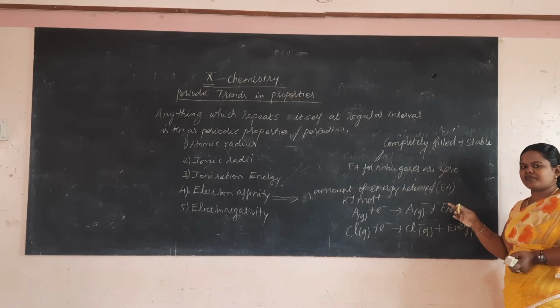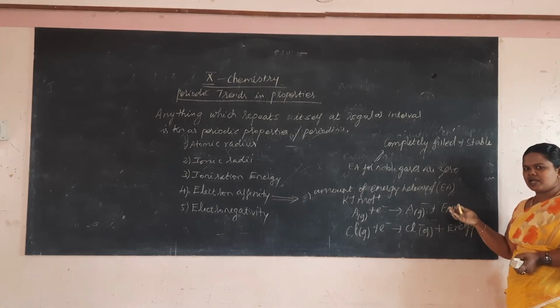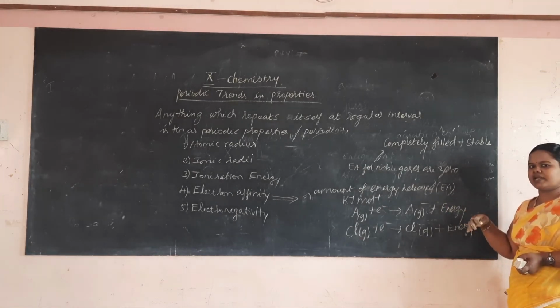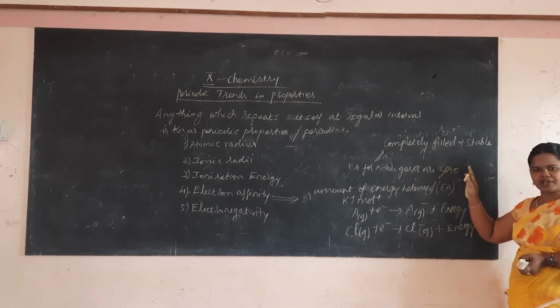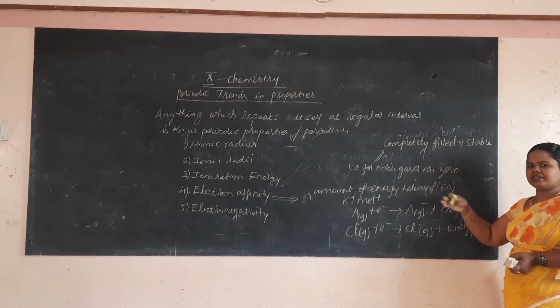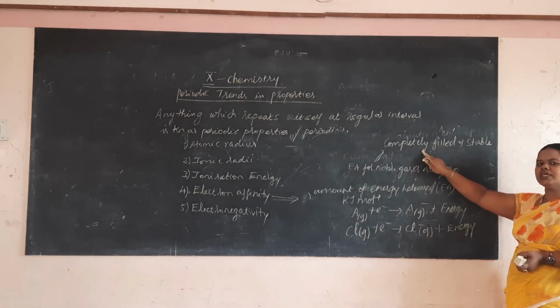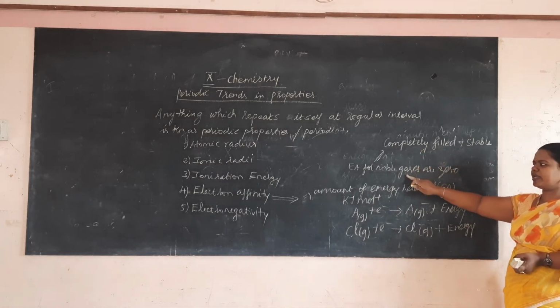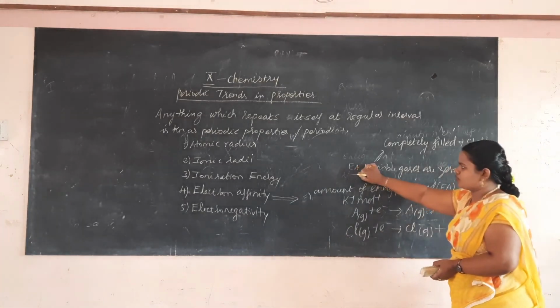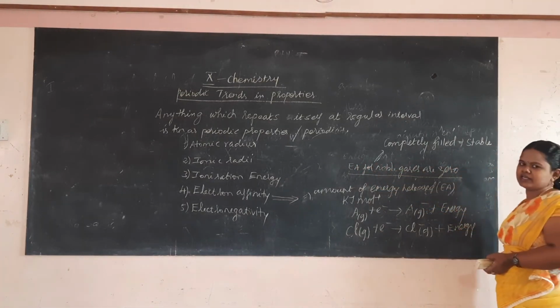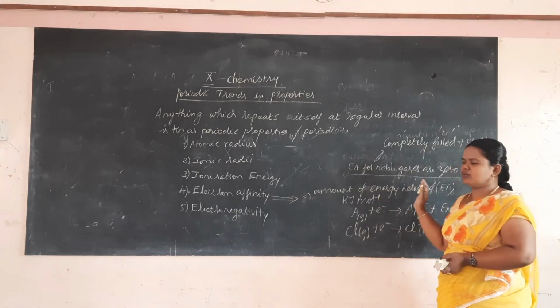What is electron affinity? It is the amount of energy released when an isolated neutral gaseous atom accepts an electron to form an anion. Here it is already completely filled, so we cannot add any more electrons. So in noble gases, the electron affinity is 0. That you have to remember.